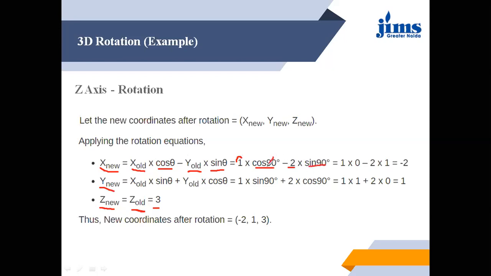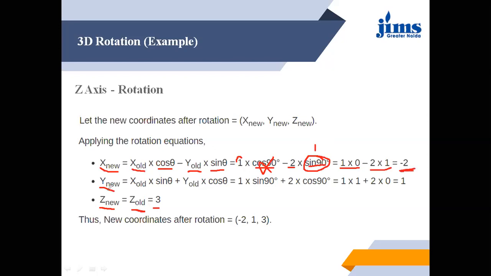Cos 90 is 0, so 1 multiplied by 0 is 0, and sin 90 is 1. So when we multiply 2 by 1, it is 2. So the final value is minus 2.